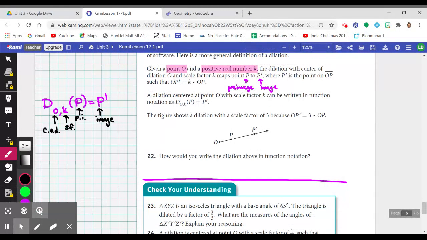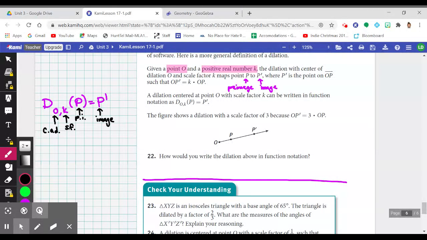So given a point O, which will be our center, so for the most part it's been point D, but point O, which is usually the origin, and a positive real number K, which represents the scale factor, the dilation with center of point O and scale factor K maps point P. Remember, it's just a general idea.